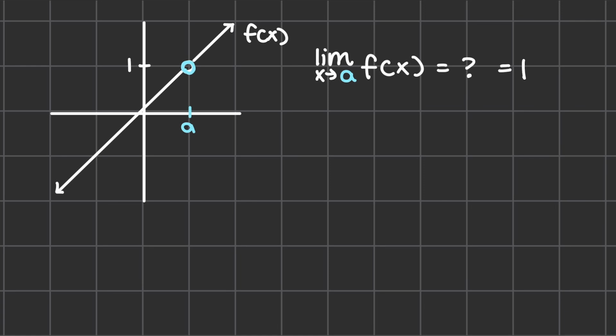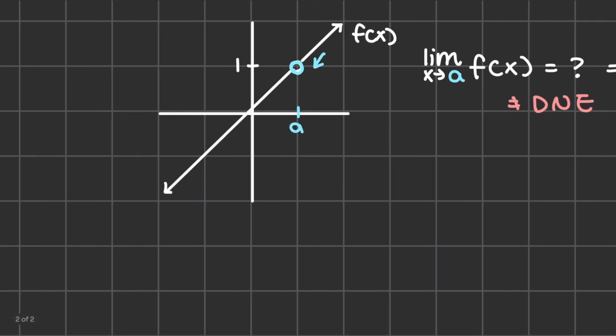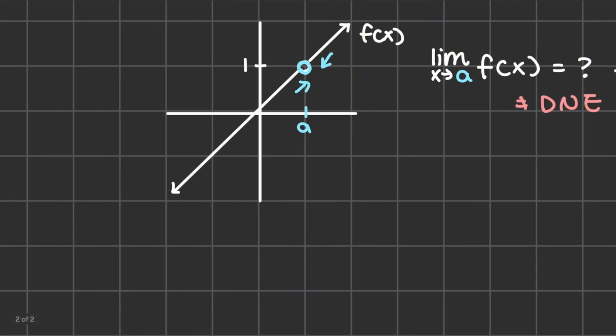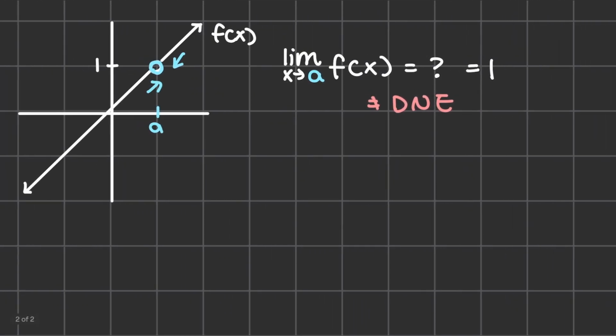Why is it not does not exist? Why is it not DNE? The reasoning is, once again, because it's the value that y is approaching. It's not the value that it specifically has to equal, it's the value that it is approaching. Therefore, you don't have to see it being anything or even existing, it just has to approach.